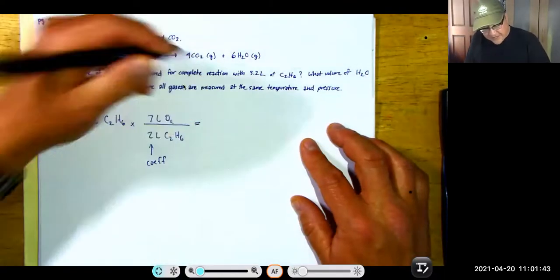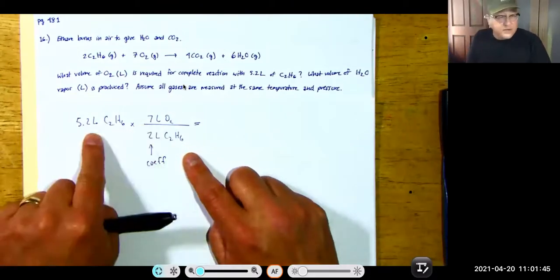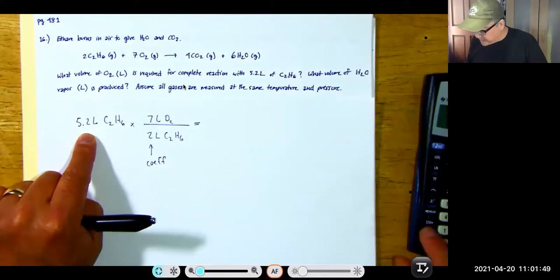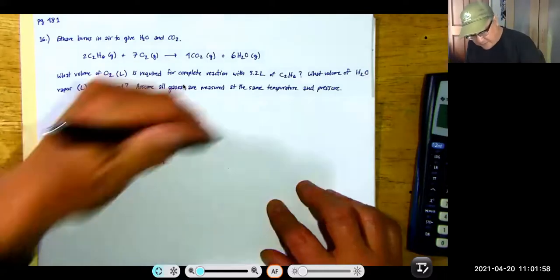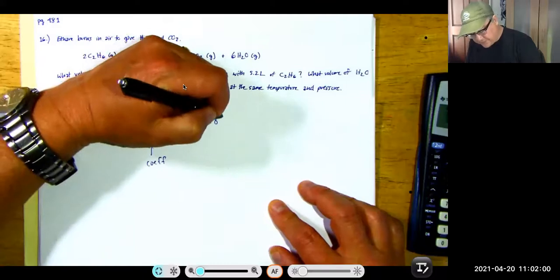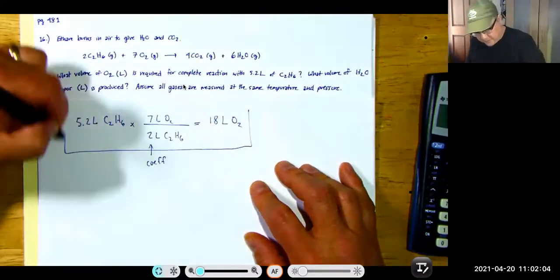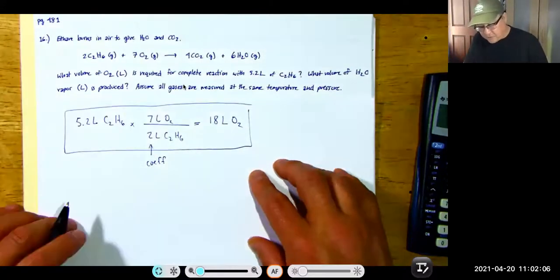So here you can see the answer is going to be almost 4 times 5.2, so around 20 or probably just a little bit less. So 5.2 times 7 divided by 2, and we get 18.2 liters. And so here's what I would expect to see for the answer for the first part.